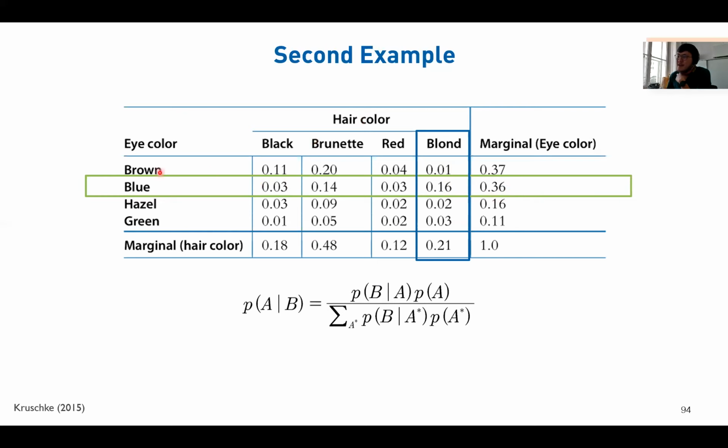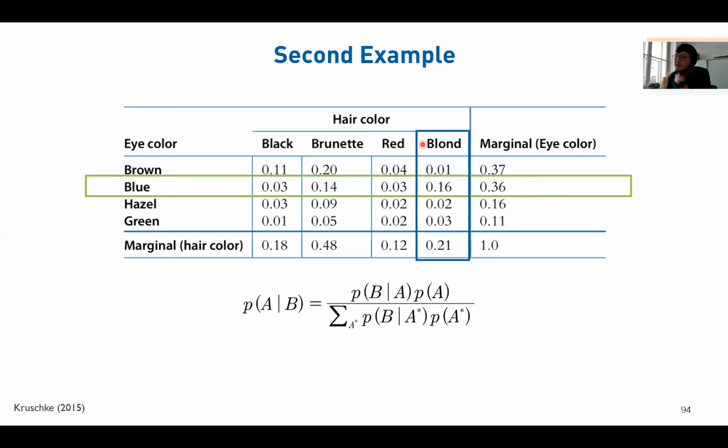We can also do the same for brown, hazel, and green. All of these 4 values are marginal probabilities, and if you sum these 4 marginal probabilities, they also sum up to 1. So that's focusing on the row.